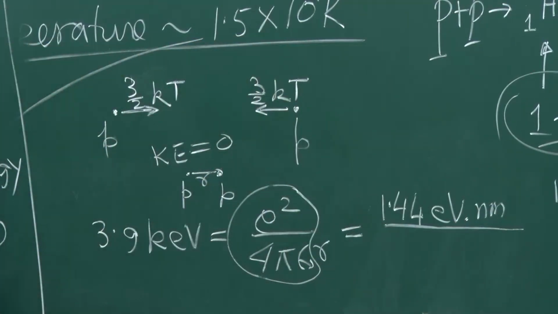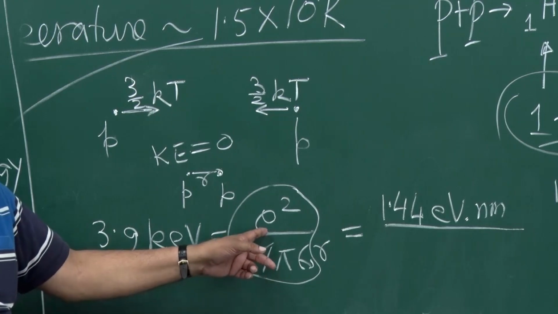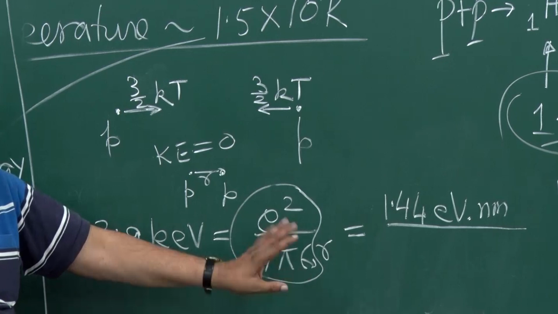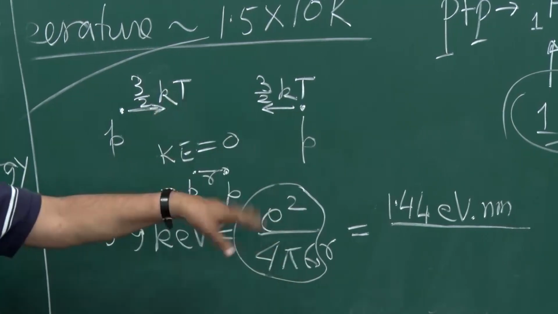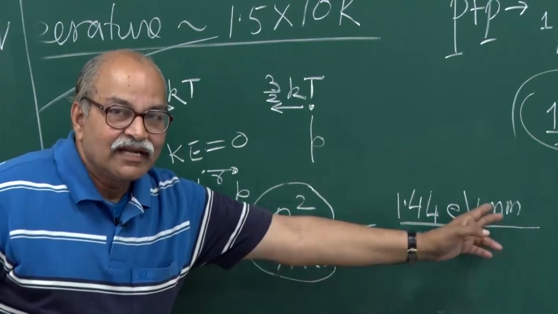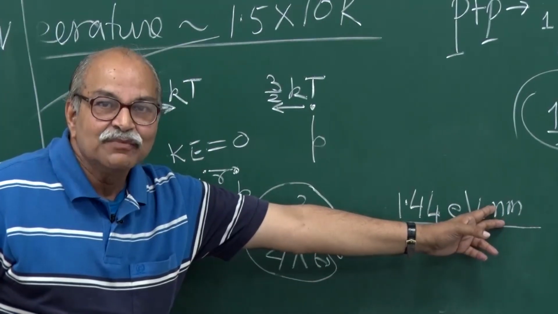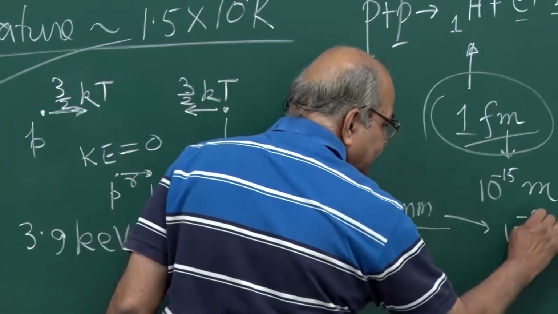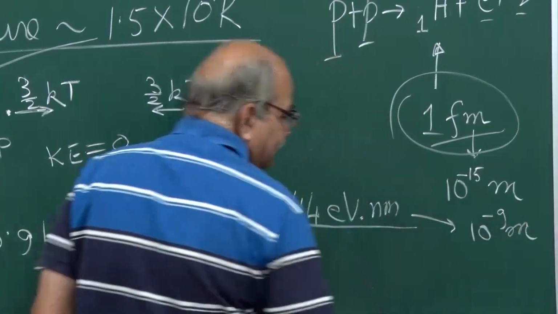Very useful relation. This e squared over 4 pi epsilon naught, you can write in SI units and you will get all those things, but you convert to this unit. This is eV and this is nm. nm is nanometers, 10 to the power minus 9 meter is called a nanometer.